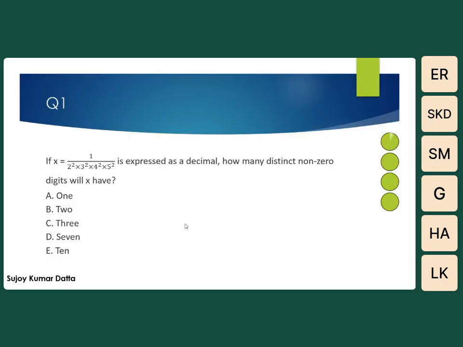This is the first one. You can see the timer running on the side.